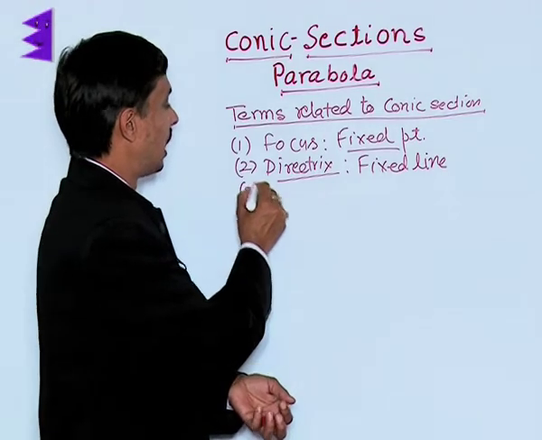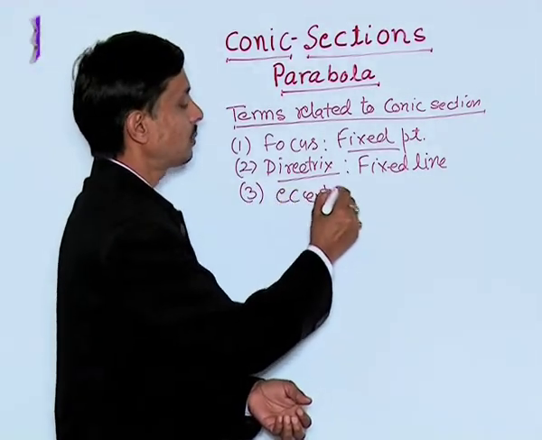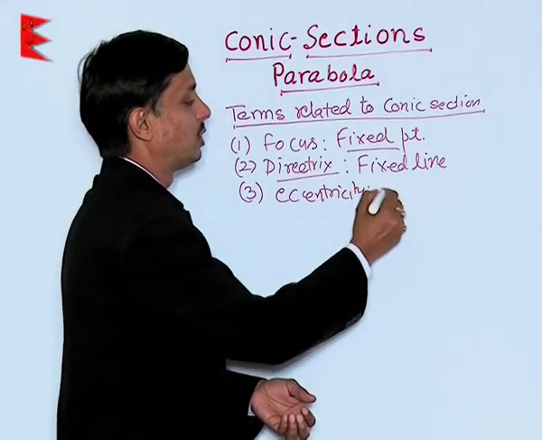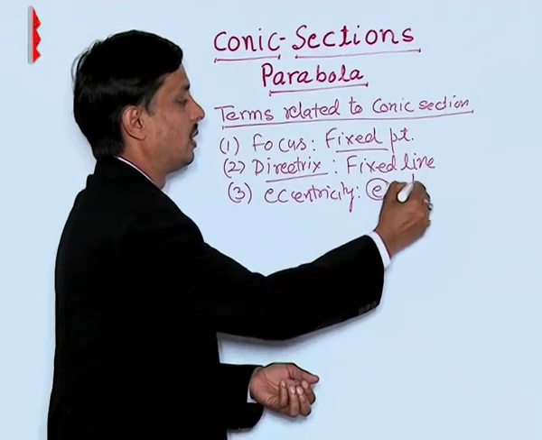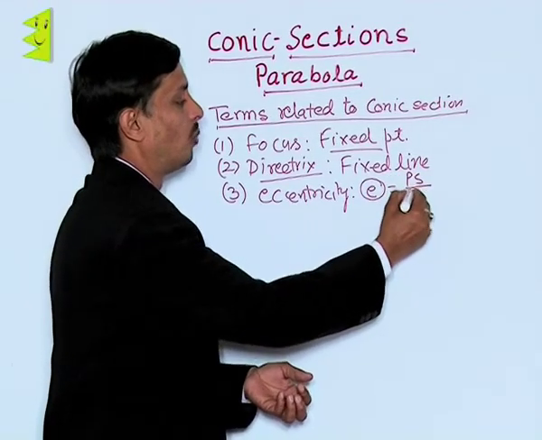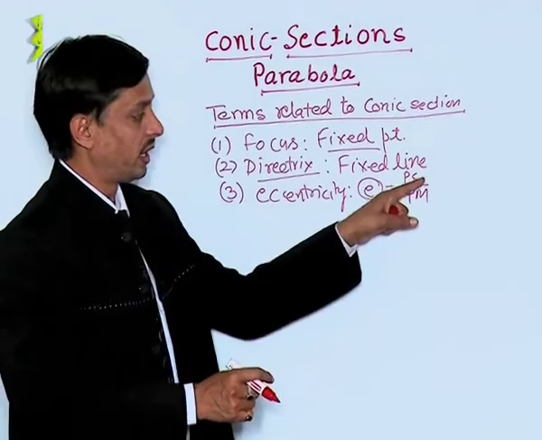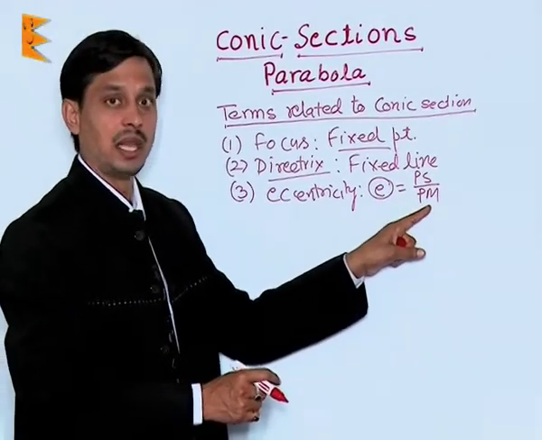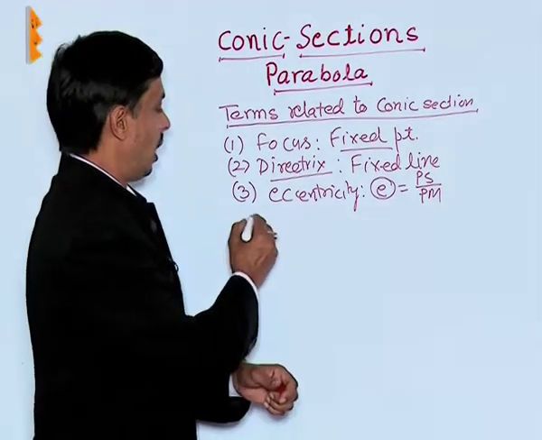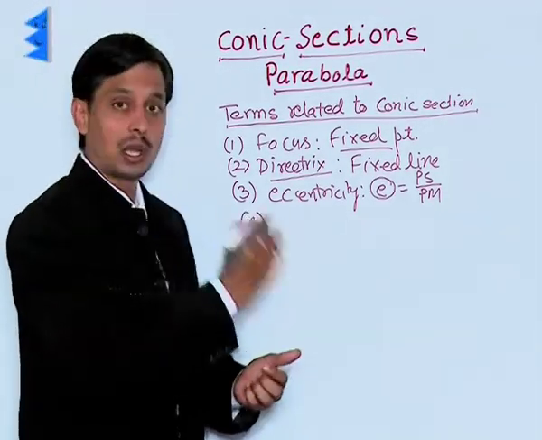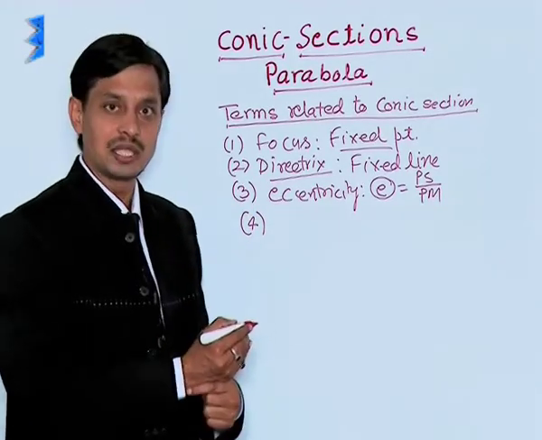Then I also told you what is the eccentricity. The eccentricity is symbolically given by E, and it is the ratio of the distance of a movable point from the fixed point S to its distance from the line, that is PM. This ratio is known as E. There are a few more terms other than these three to understand the concept of conic section.